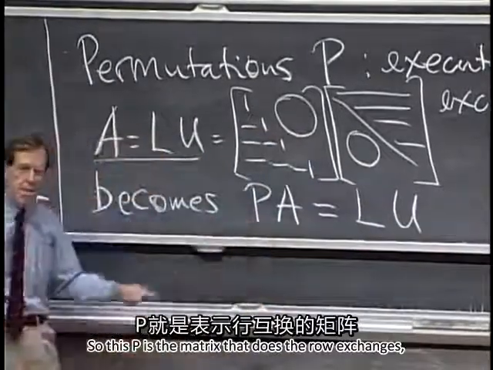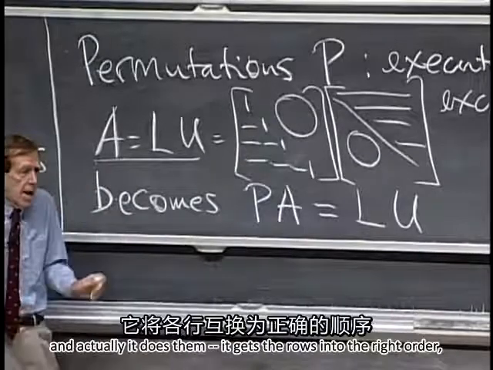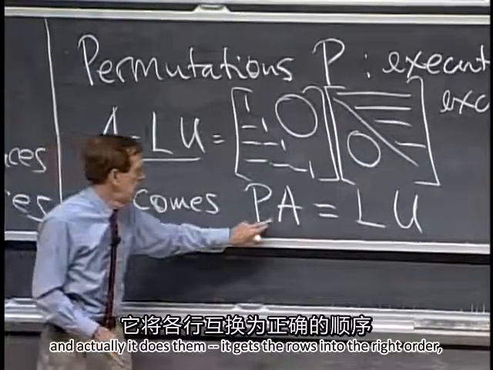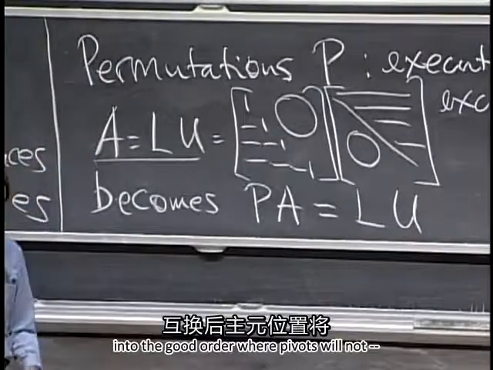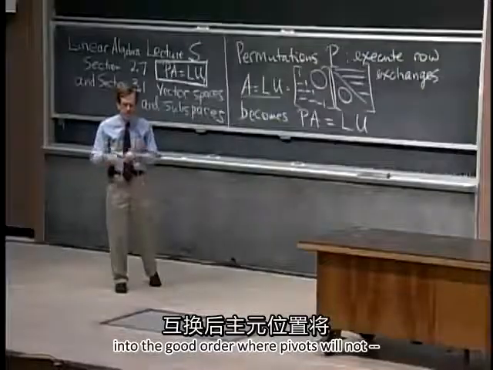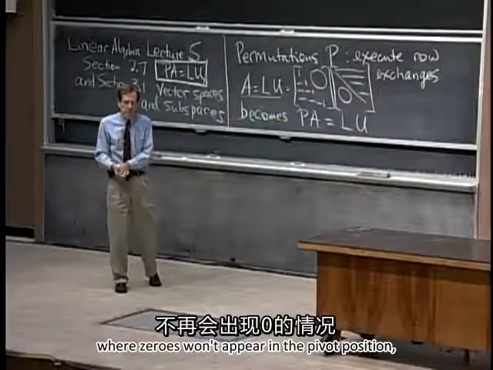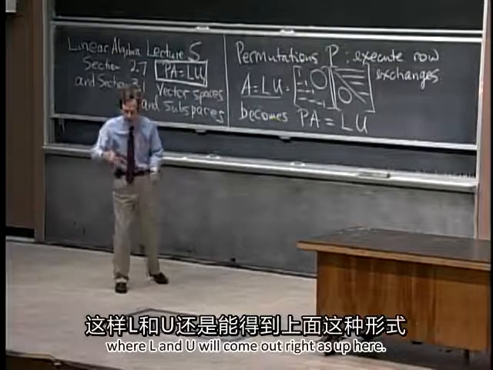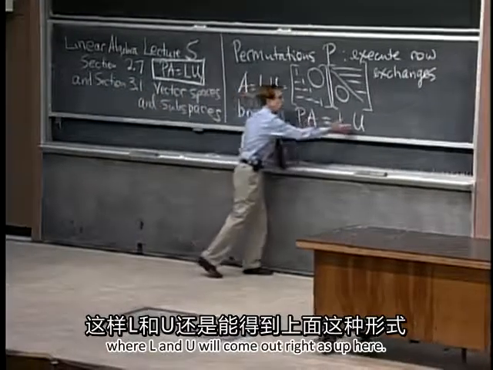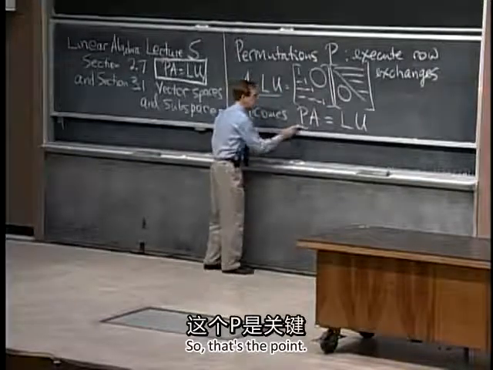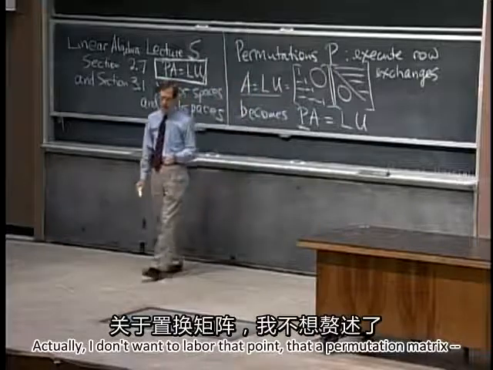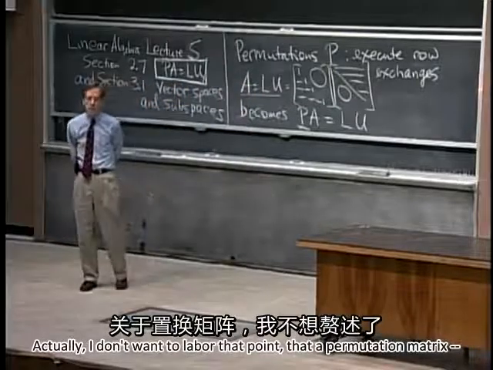So this P is the matrix that does the row exchanges. And actually, it gets the rows into the right order, into the good order where zeros won't appear in the pivot position, where L and U will come out right as up here. So that's the point.